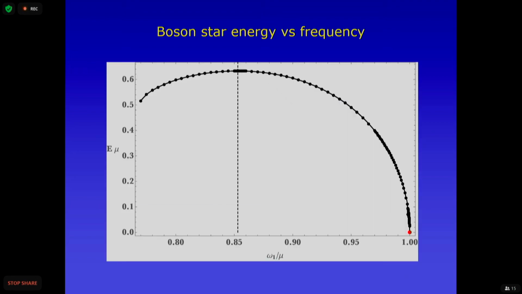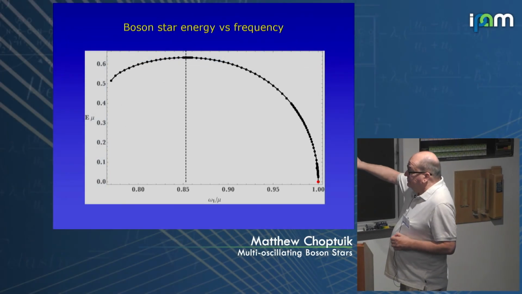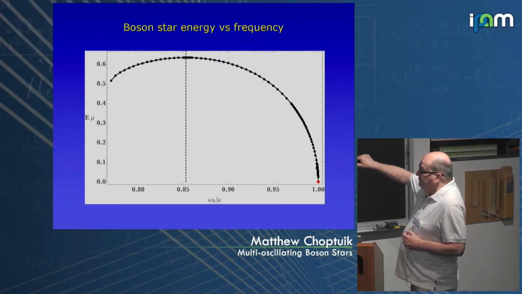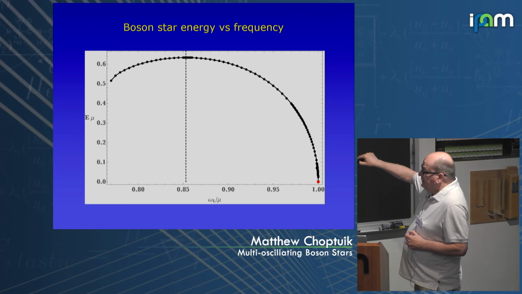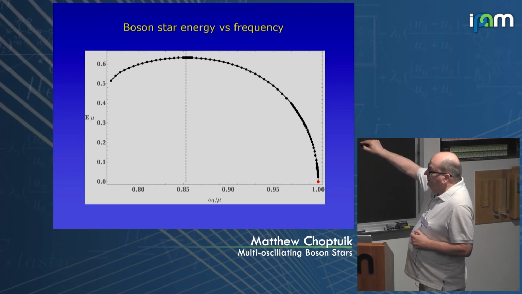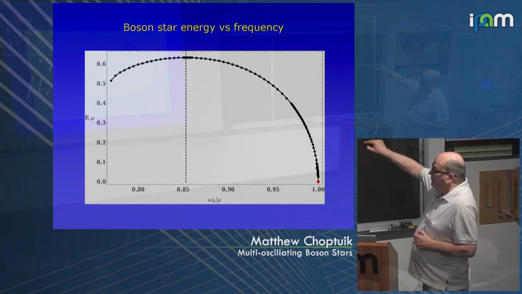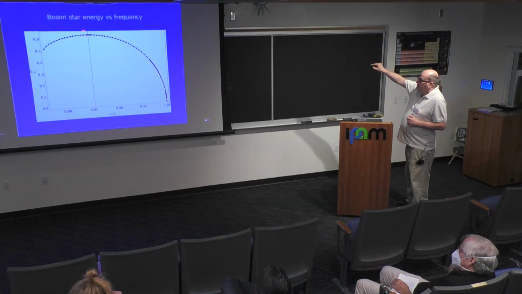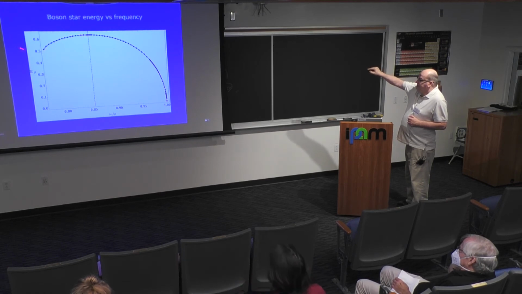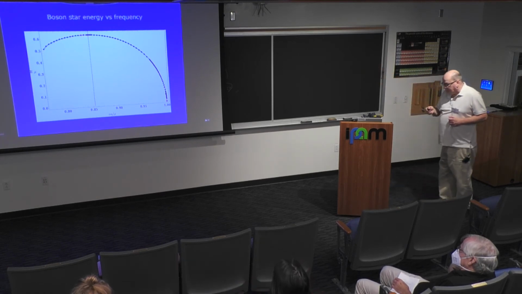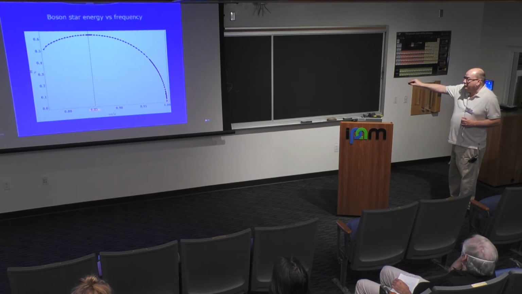Here we're showing a plot of the boson star energy versus frequency. There's a turning point at omega 1 equal to 0.85, and this is known, at least numerically, to be the onset of instability. Configurations to the left here are unstable. There's a zero mode right at that value around 0.85.